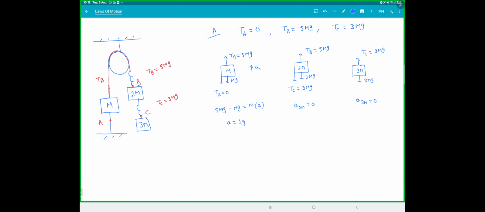C is the tricky one. Let's see. I don't remember the answers. Even I need to check. Can you do for B and C?